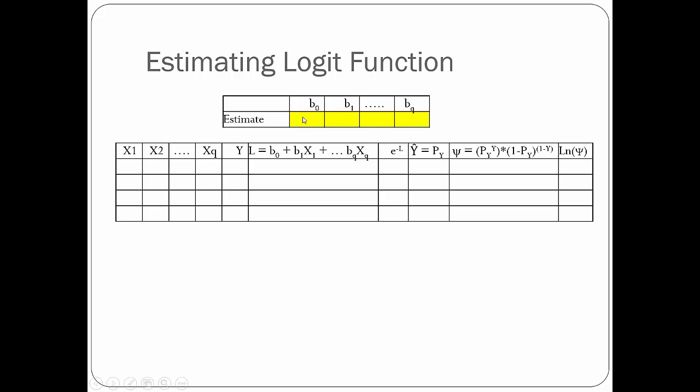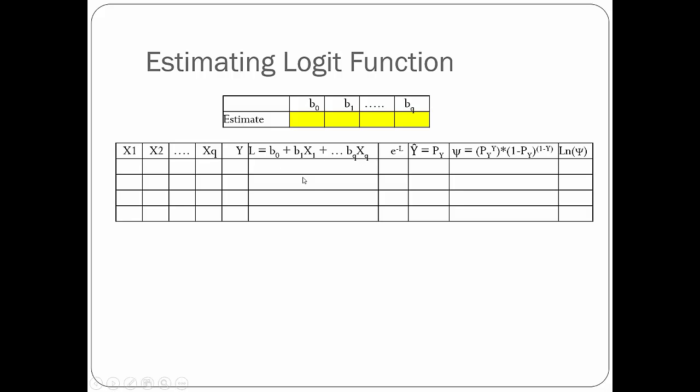Now you start with an initial estimate of these coefficients. So you enter some numbers, your initial trial value. You can probably put 1 or 0.5, 0.6, whatever. It's arbitrary. Now using these coefficients and these x values, you compute the L value.